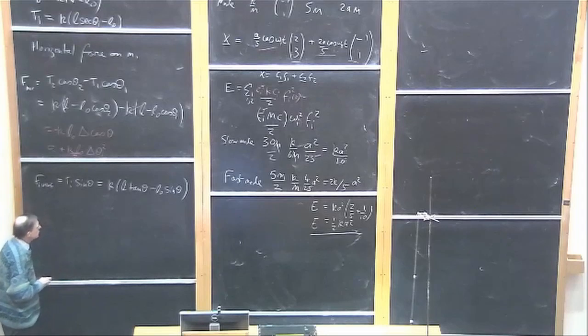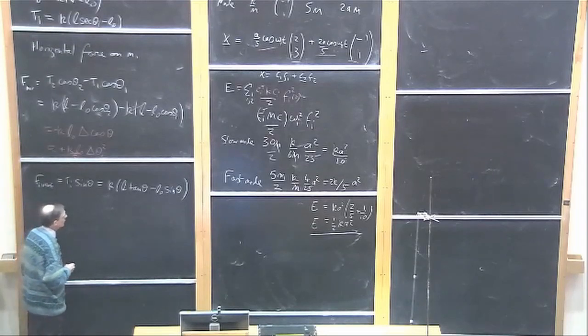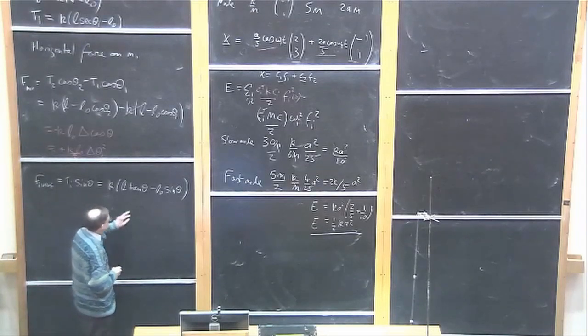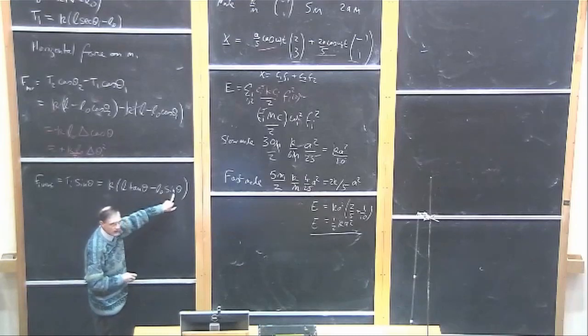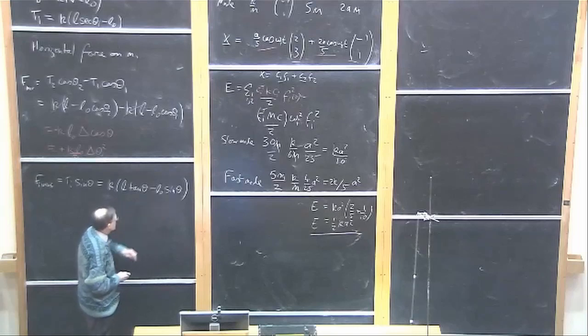The approximation that we're going to make is essentially a small angles approximation, which replaces tan theta and sine theta both by tan theta effectively.